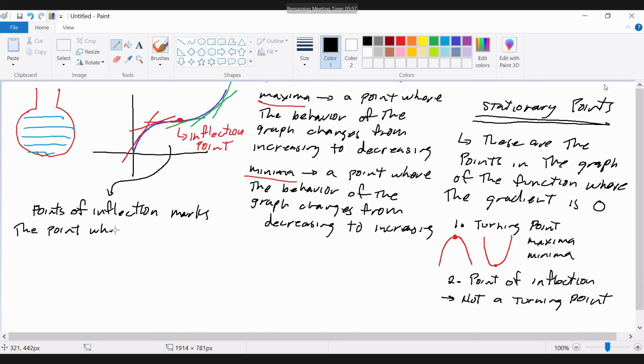where there is a shift in the graph, but the behavior remains the same.